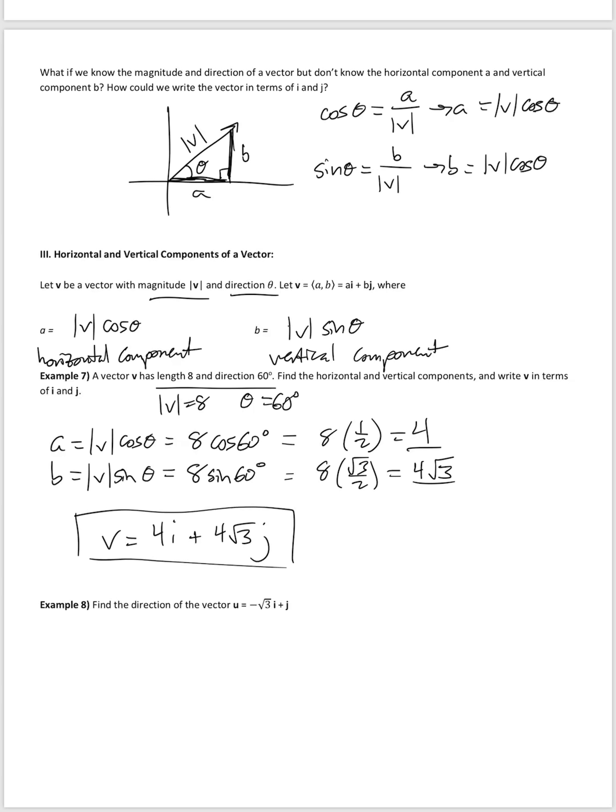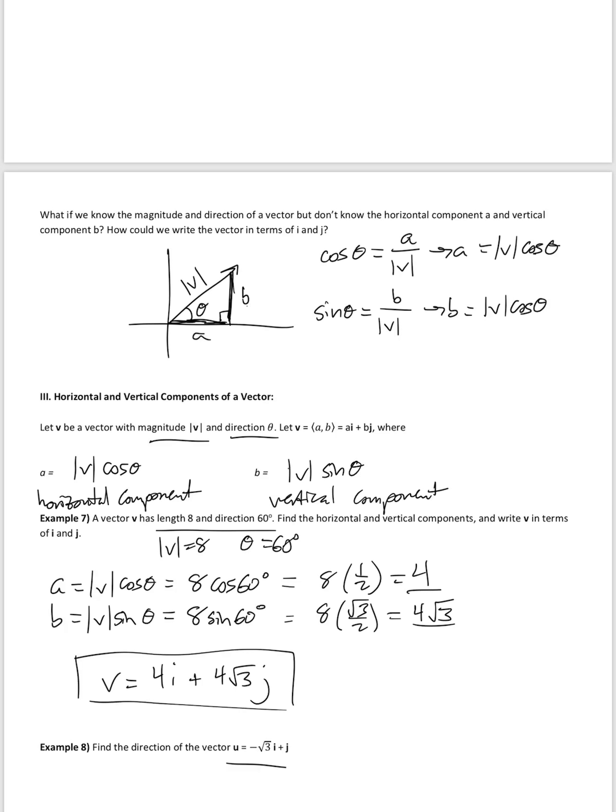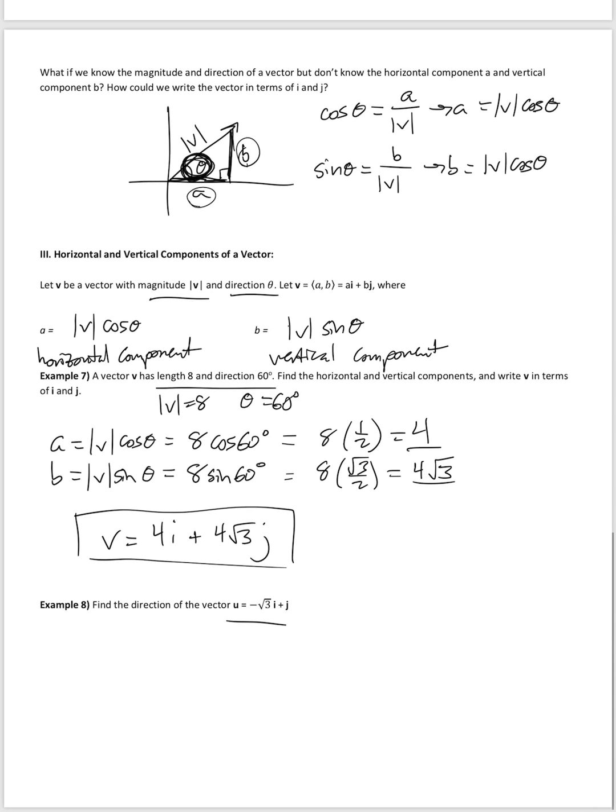But finding the direction, in this case of negative root 3 i plus 1 j, I want to find the angle. So going back here, now I know b, I know a, and I need to find theta. I know the opposite side, I know the adjacent side. It seems to me like we're going to want to use tangent of theta is b over a. This is a, this is b, so that's 1 over negative root 3.